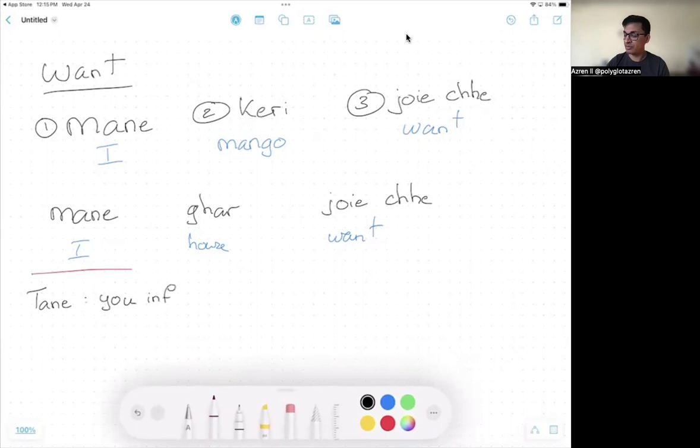Informal just means this is the word you use with friends, children, potentially your mom, kids, friends, maybe your mom. Could be other family that's your age.